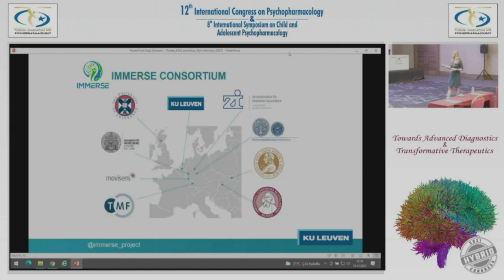So this is the IMMERSE project, a collaboration between 9 partners in Germany, Belgium, Slovakia, and Scotland. We have included different sets of expertise. We will look at implementation of ESM in clinical practice in a randomized trial, because the IMPROVE project was just a pilot, the first step.